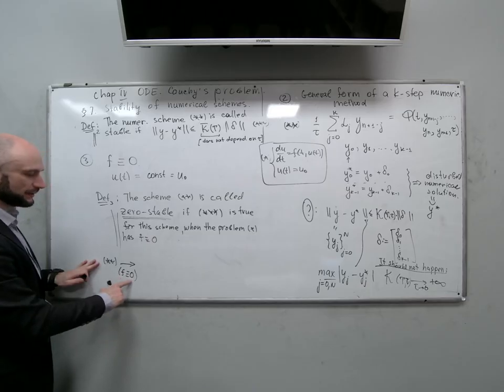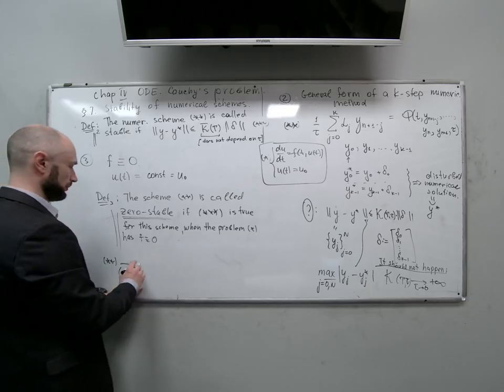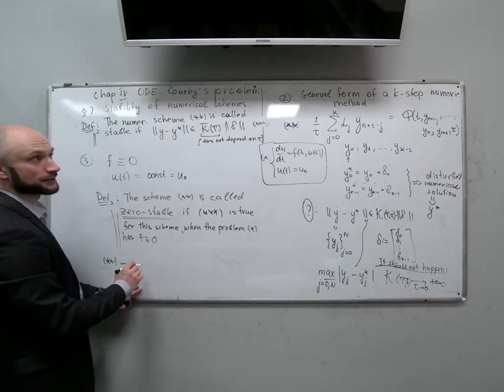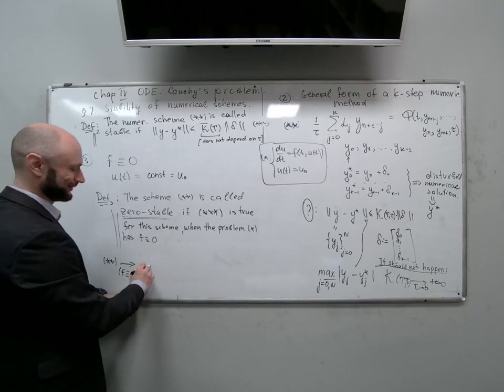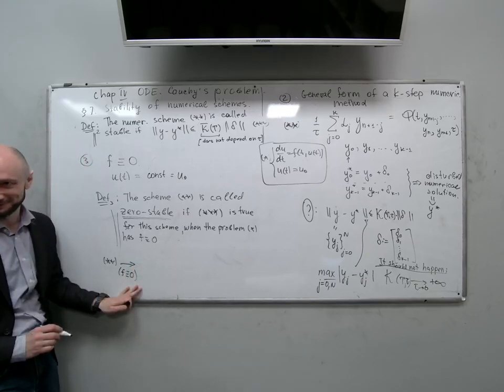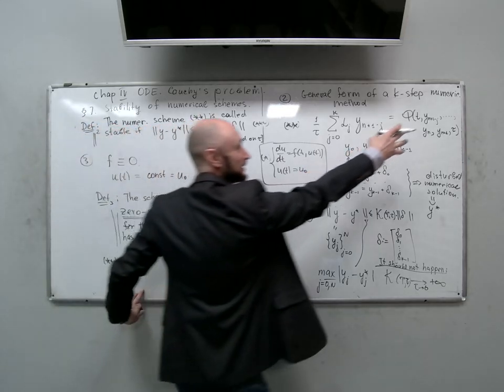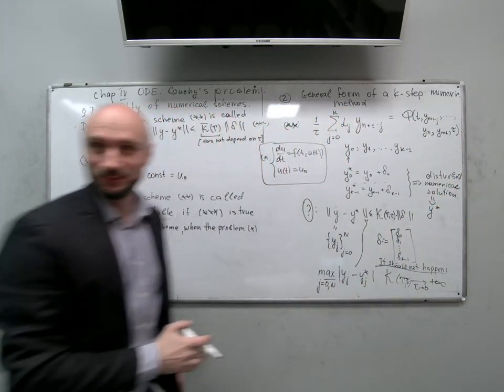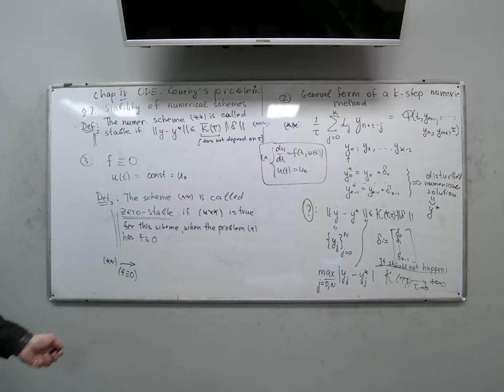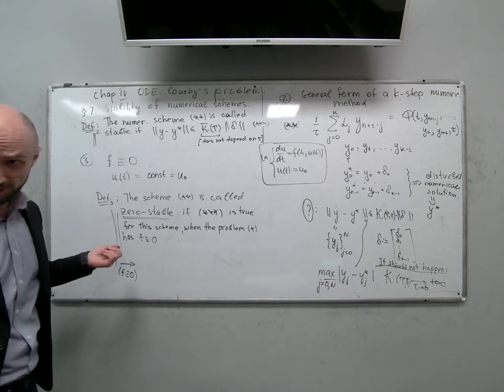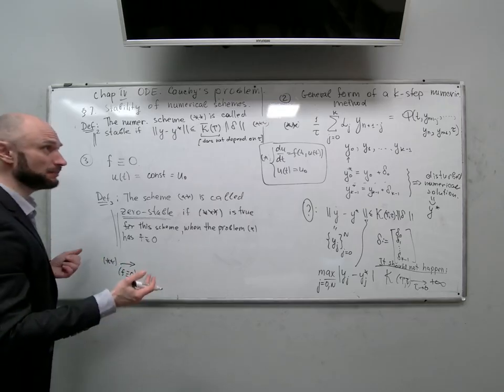When f is equal to 0, then star will look like what? The right hand side will disappear, right? Because it only depends on f small, and since f small is exactly 0, then phi capital disappears.